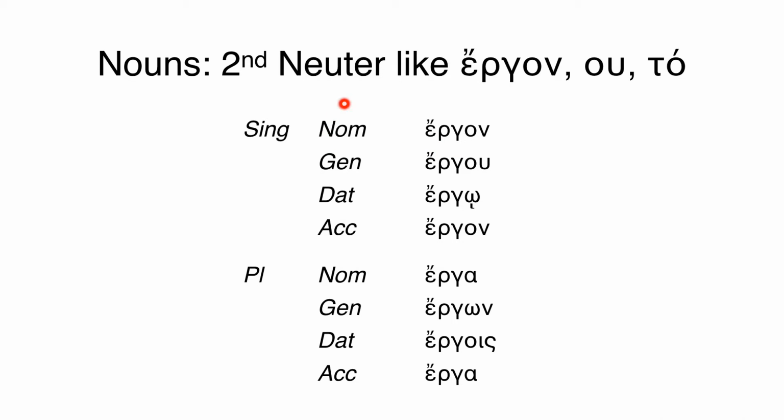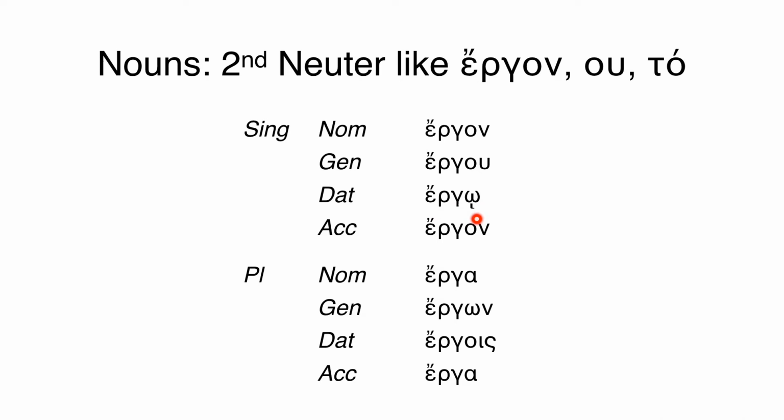First, the neuter singular nominative form for ergon is ergon. Okay, the neuter singular nominative has a nu in the ending. The neuter singular genitive form is ergu. We've seen that before, haven't we? The omicron and upsilon genitive singular ending. The neuter singular dative is ergo, an omega ending with an iota subscript.